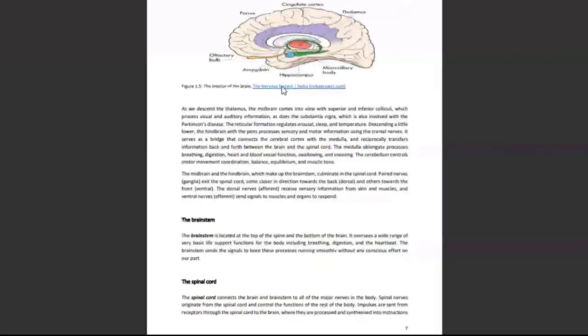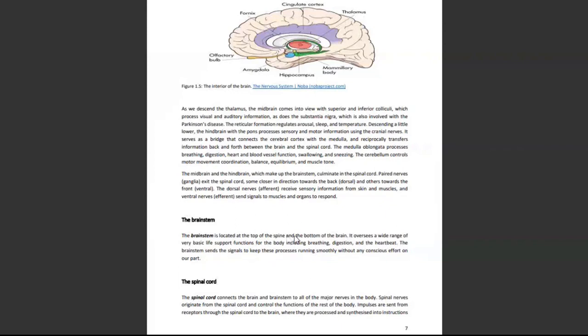That's the brainstem. The brainstem is located on the top of the spine as well as the bottom of the brain. It oversees a wide range of very basic life support functions for the body, which include breathing, digestion, and heartbeat. The brainstem sends the signal to keep these processes running smoothly without any conscious effort.